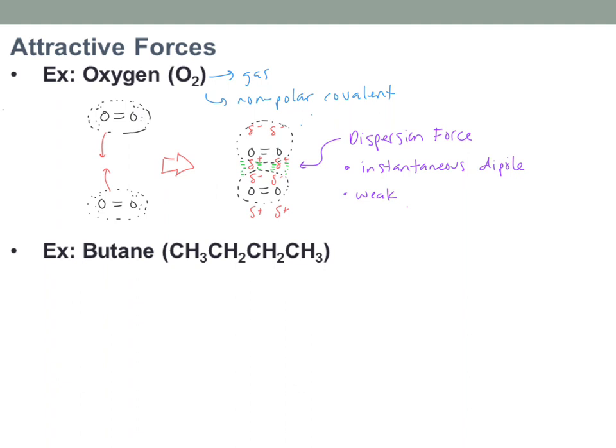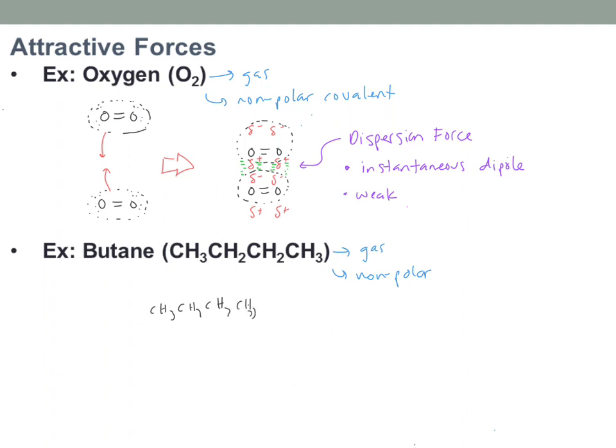If I did the same example with butane, butane is mostly a gas at room temperature. It just about boils at room temperature. But it's also nonpolar because it's only C's and H's. So if we look at butane, it's going to be the same thing: CH3, CH2, CH2, CH3.